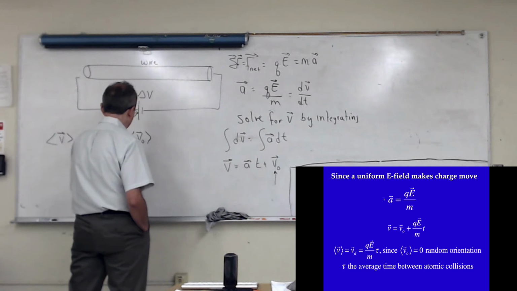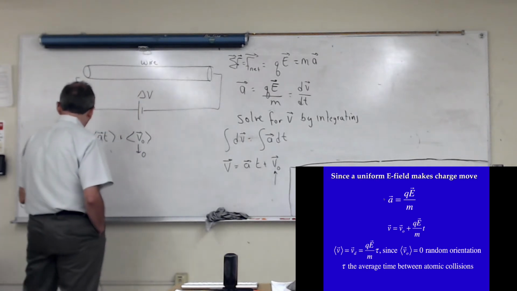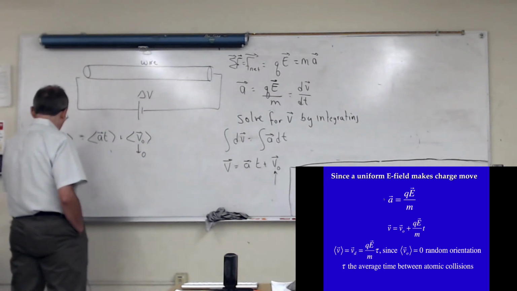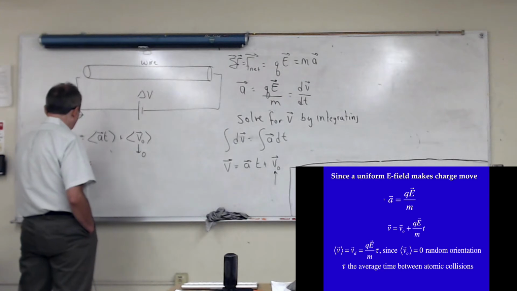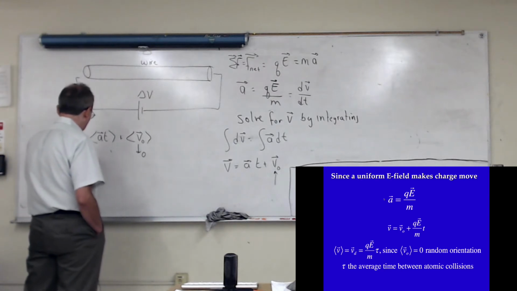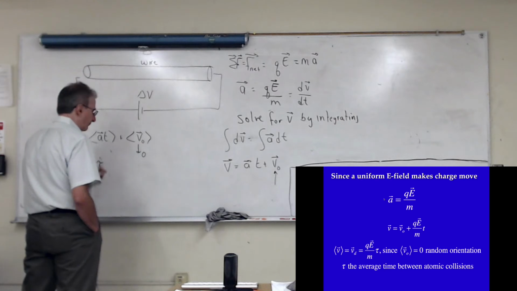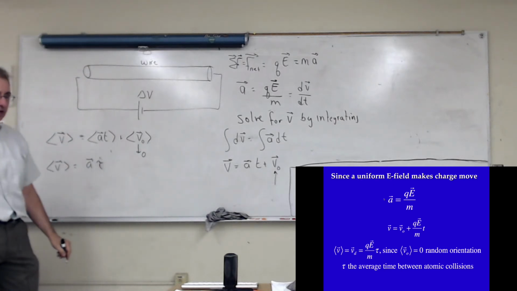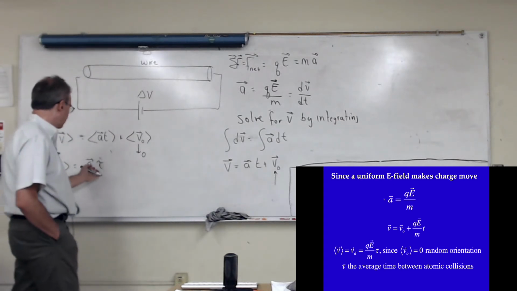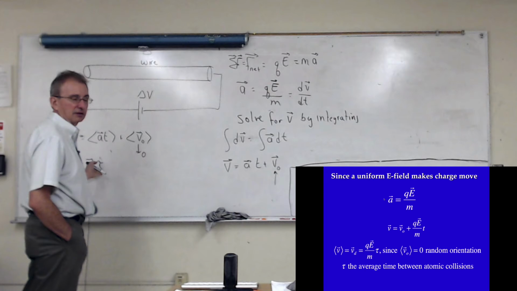So this ends up being 0. And then V average is equal to A times some effective time, I'll call tau. And I'm going to approximate this, because I don't know what this value is.